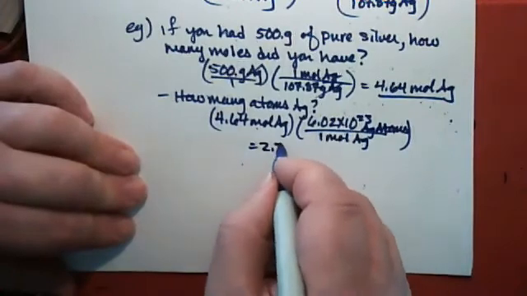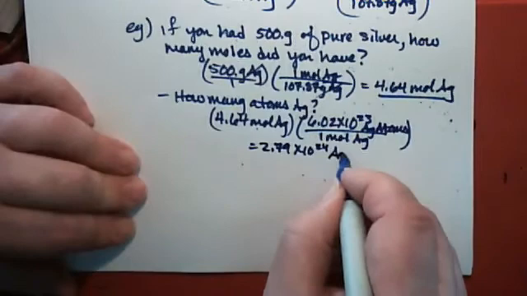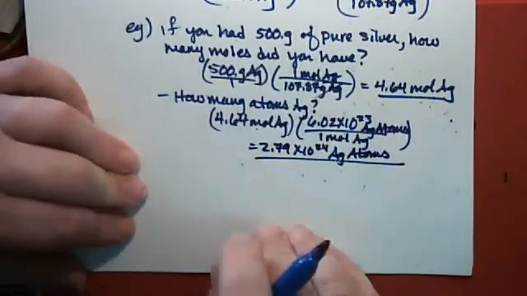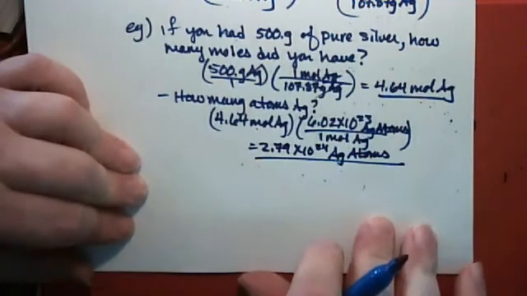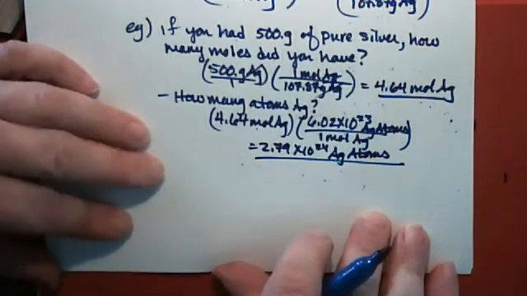That's 2.79 times 10 to the 24th Ag atoms. So that's how many would be in 500 grams of pure silver.